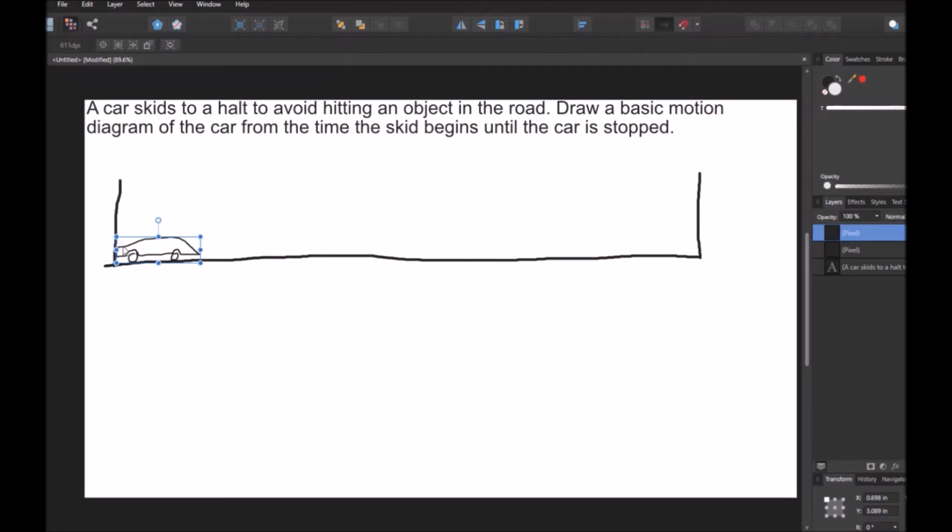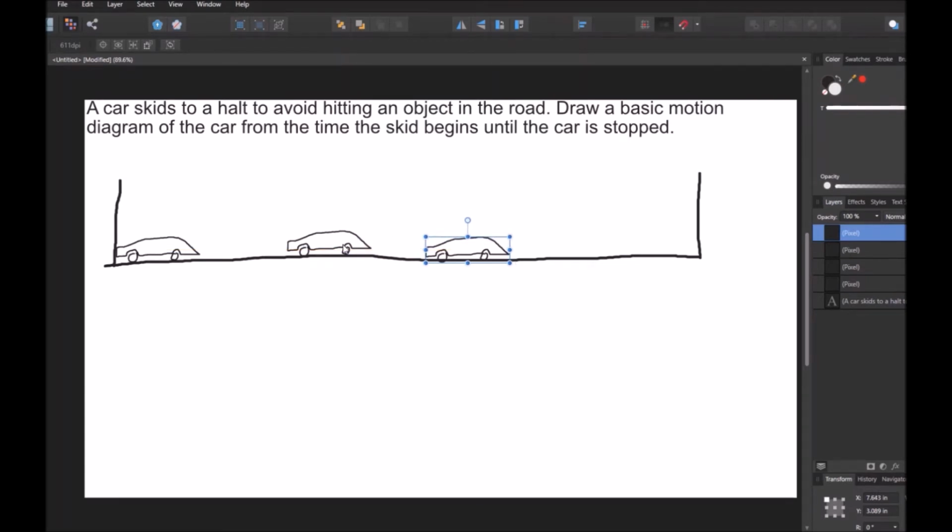So this car starts skidding, and let's say I take a picture of the car at some equal time interval later. I can now say that let's say the car is over here. It's still moving, but it's starting to slow down, and then when I take another snapshot of the car, it's going to be closer to the second one because they're slowing down.